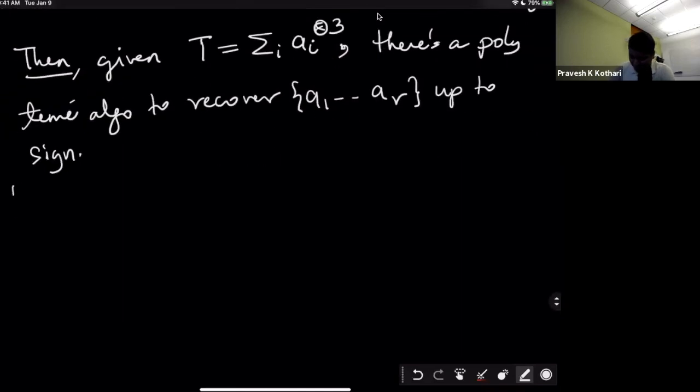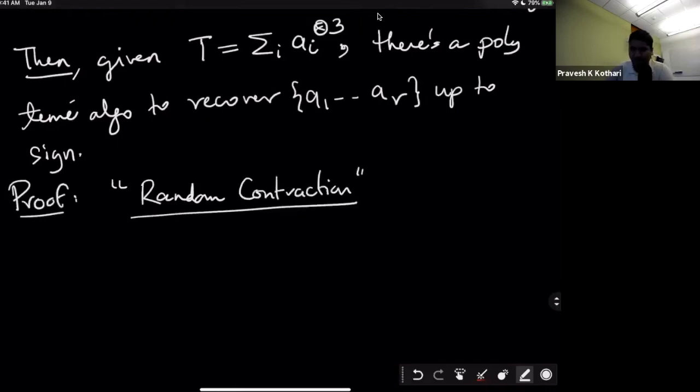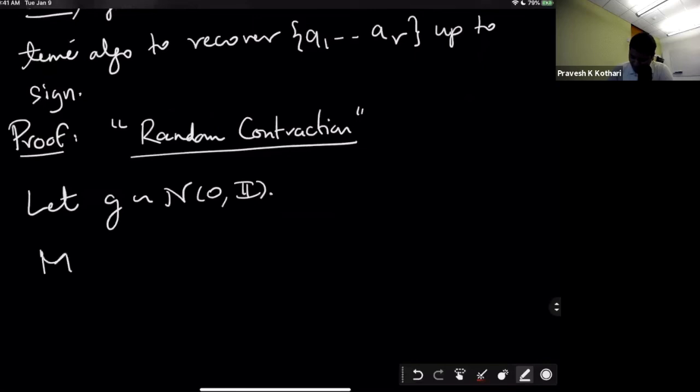And in order to make you remember this idea, I'm going to give it a name. I'm not sure if everybody uses this name, but I'm going to talk about the idea of this algorithm by means of the following description. I'm going to call it the random contraction idea. What is this idea? So here's the main observation. It's a very simple observation. Let G be a standard Gaussian. And suppose I give you access to the following matrix.